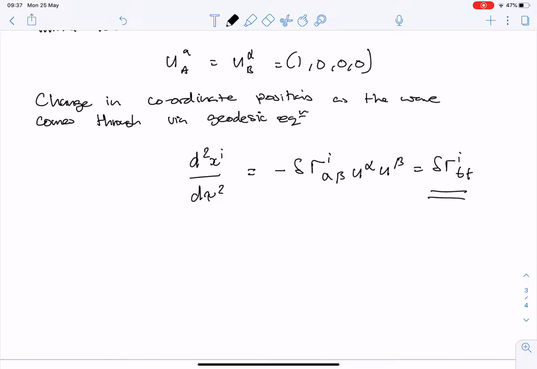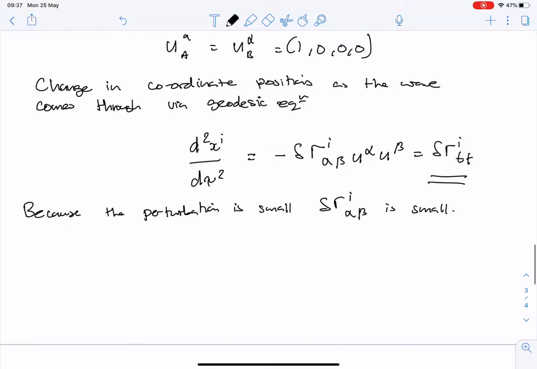And we know, because the perturbation is small, that the Christoffel symbol is also small.